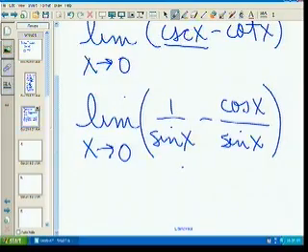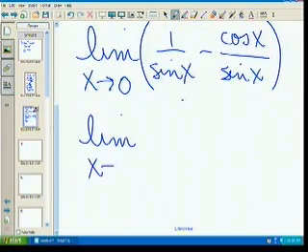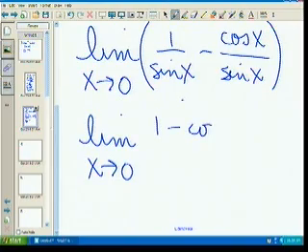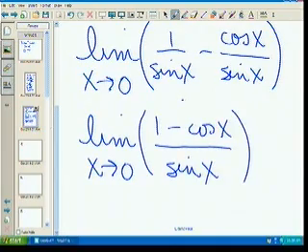So if we didn't have the same denominator, we could get a common denominator, but we have one. So we really want the limit as x approaches 0. So they have a common denominator, 1 minus cosine x all over sine x.